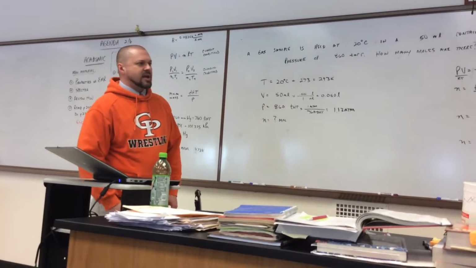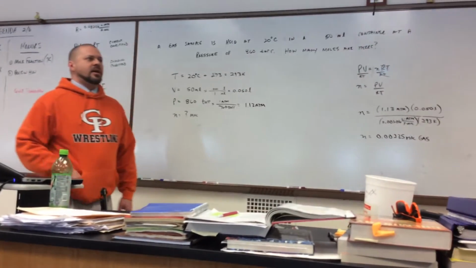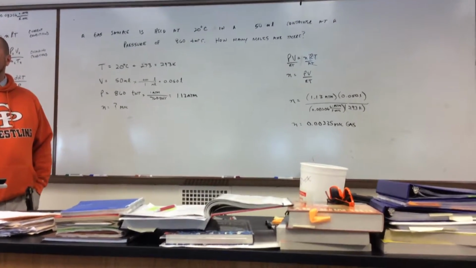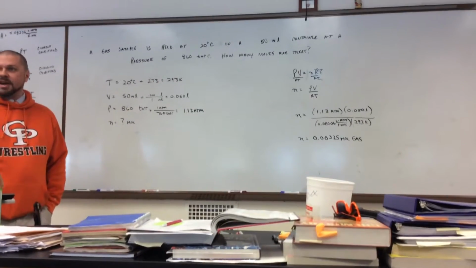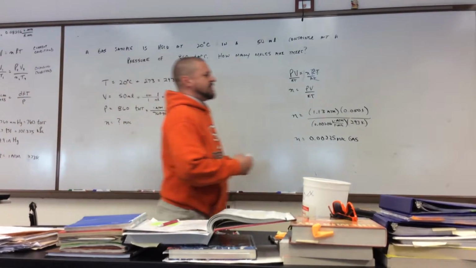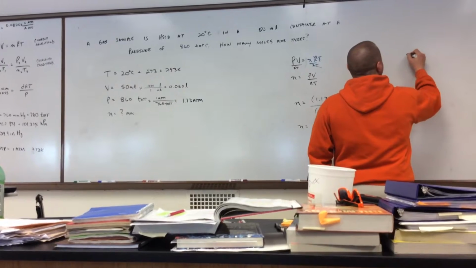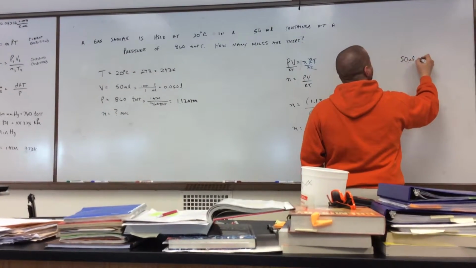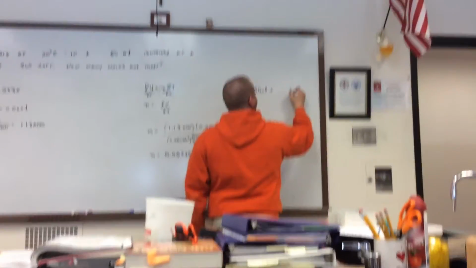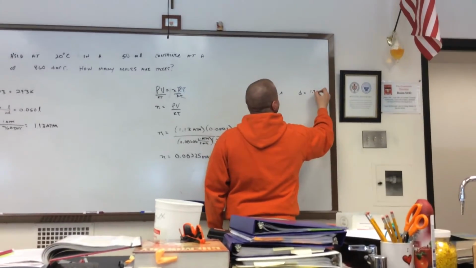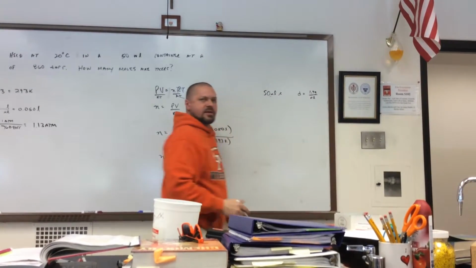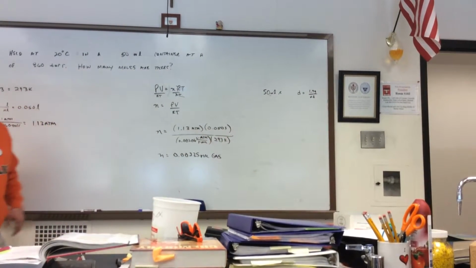Or in some of the problems, I gave you a pure liquid and its density, and that lets you get the moles, because you get the mass. So for example, if I said you had 50 mL of some substance X, and its density was, I don't know, 1.7 grams per mL, then I can take this times this, get grams, and turn it into moles. I'd have to tell you what X is.